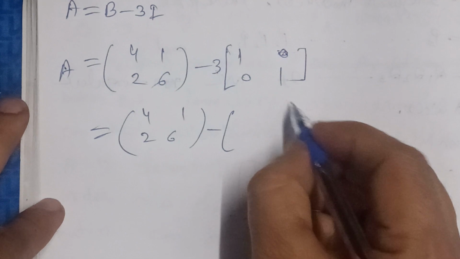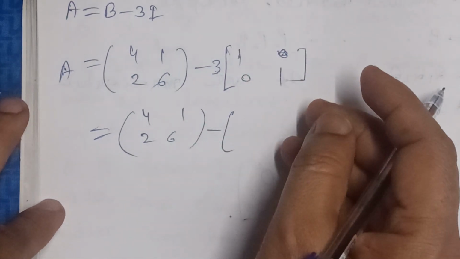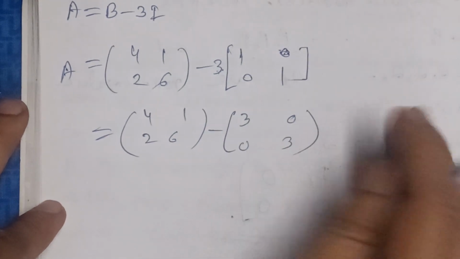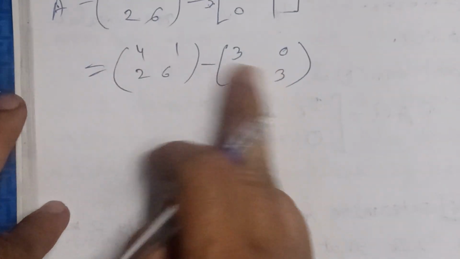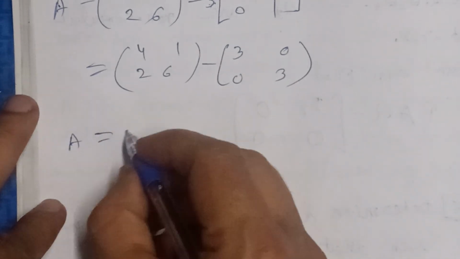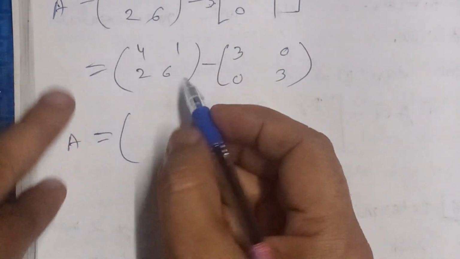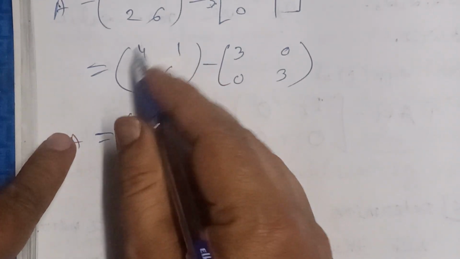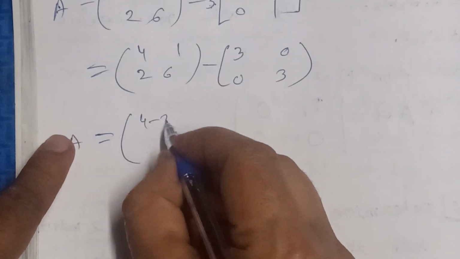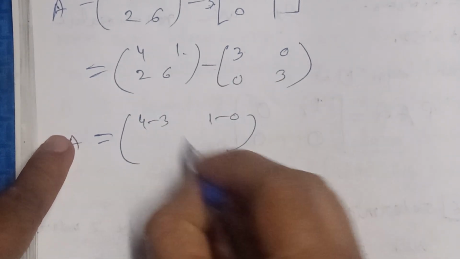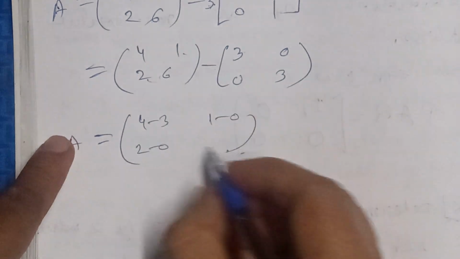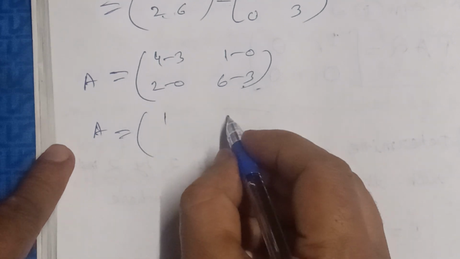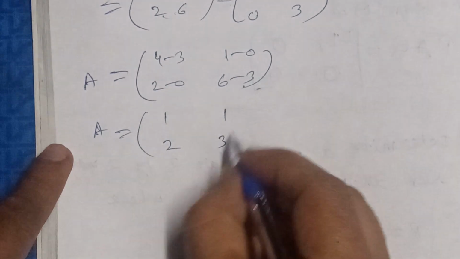So 3 multiplies all the elements of the matrix, and we get 3 0 0 3. After it, for subtraction of matrices, the corresponding elements are subtracted: 4 minus 3, 1 minus 0, 2 minus 0 and 6 minus 3. By this we get A as 1 1 2 3.